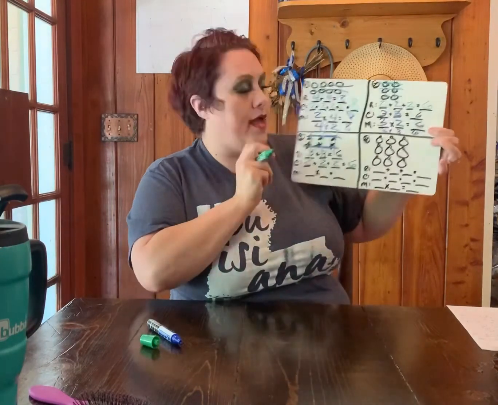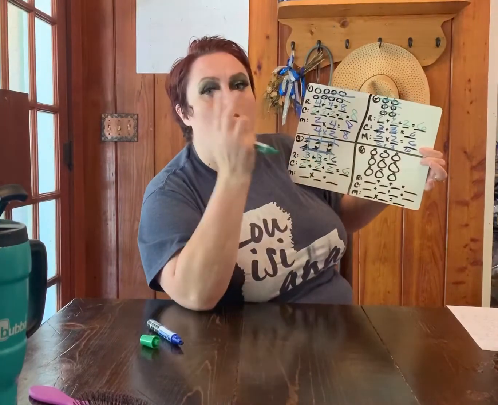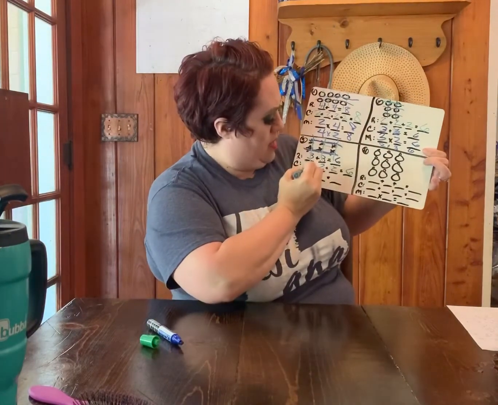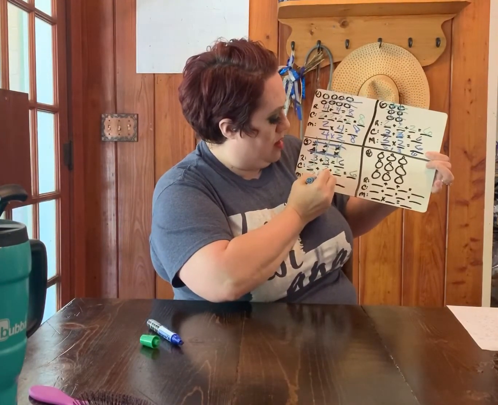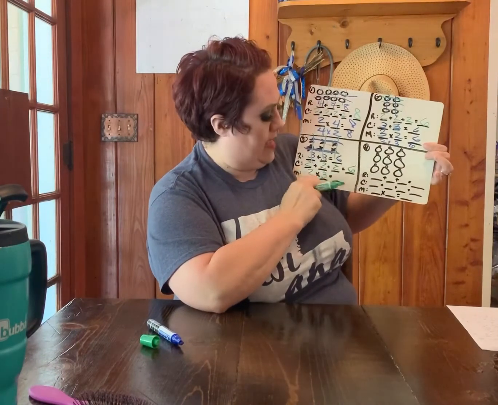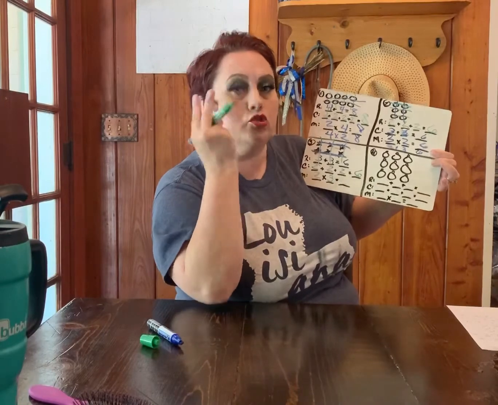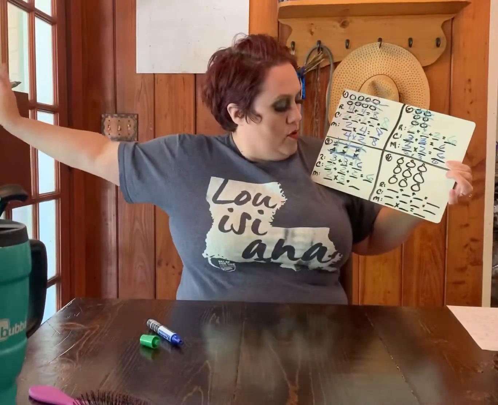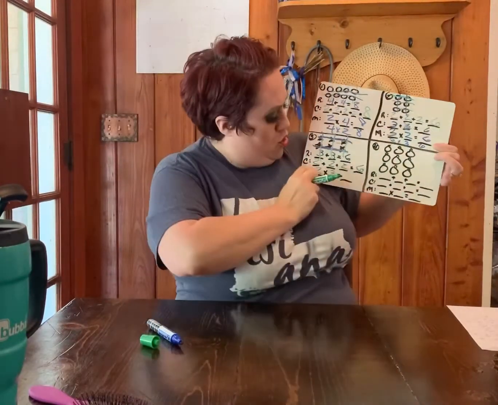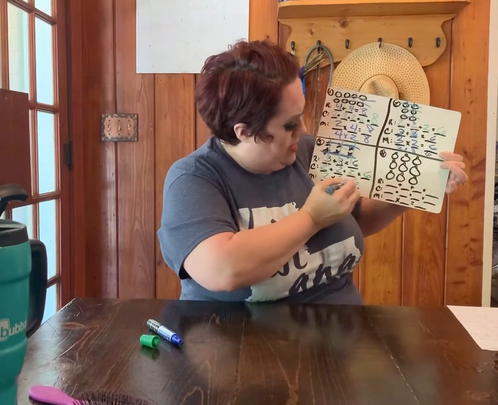For my multiplication, if I have 2 rows of 3, that's 2 times 3. That's saying I'm adding 3 to itself, adding 3 two times. So 2 times 3 is 6.